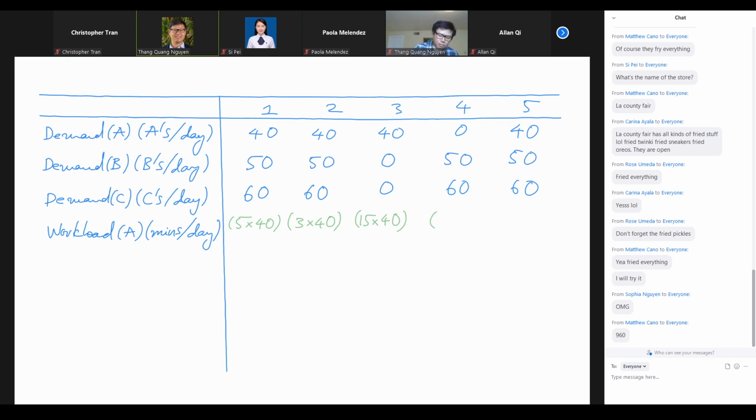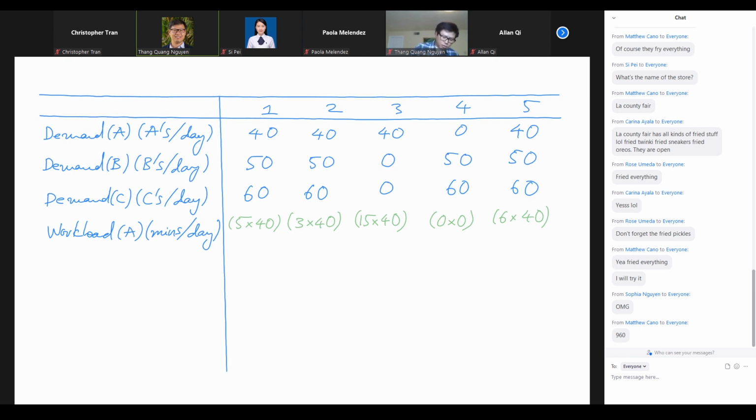This one, to be correct, you have to multiply 0 with 0. So the first 0 is, it doesn't take any minute for the ice cream to go through 4. And then the second 0 says that no ice cream goes through 4, right? So that's why we have that 0 times 0. And the next one is we take 6 minutes per ice cream times 40 for the ice cream.